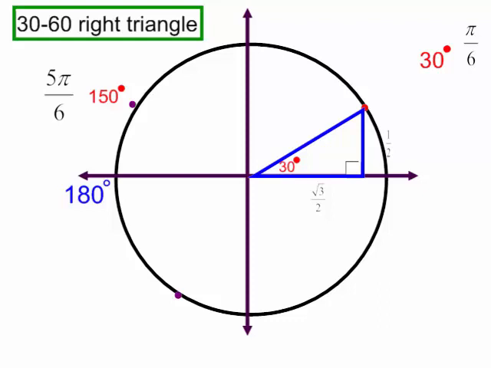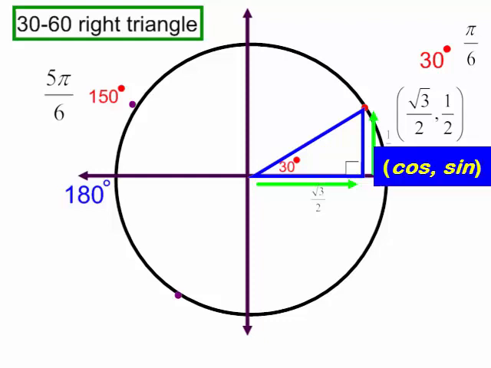And if I drop a segment from my point to the x-axis, I have a right triangle here. In order to get to this point, I had to go to the right the long distance, the square root of 3 over 2, and then I had to go up the short distance, which is 1/2. This is the point, the square root of 3 over 2, 1/2. Or the cosine is the square root of 3 over 2. The sine is 1/2.